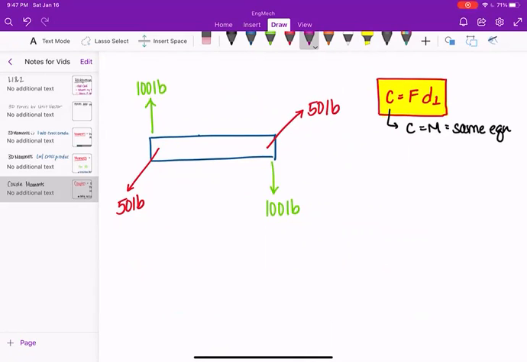So there's two different things I wanted to go over. For now, ignore the red part. Look only at the green 100-pound forces. Okay? So looking at this equation and looking at the 100-pound forces, let's jump into it. For the 100-pound forces, the couple generated by those forces is the magnitude of the force, so 100 pounds.